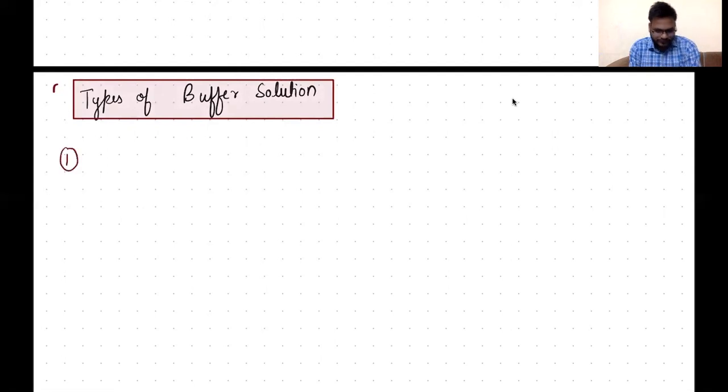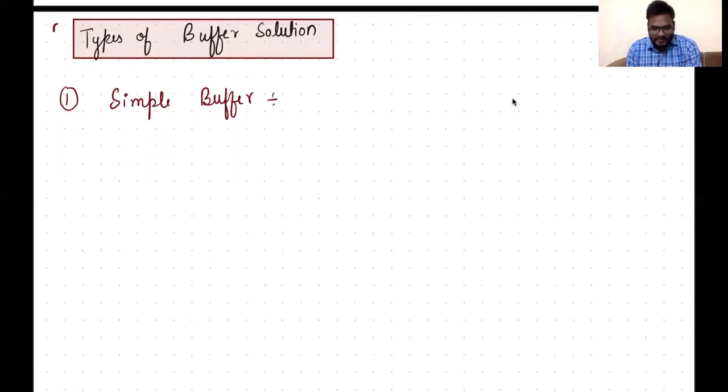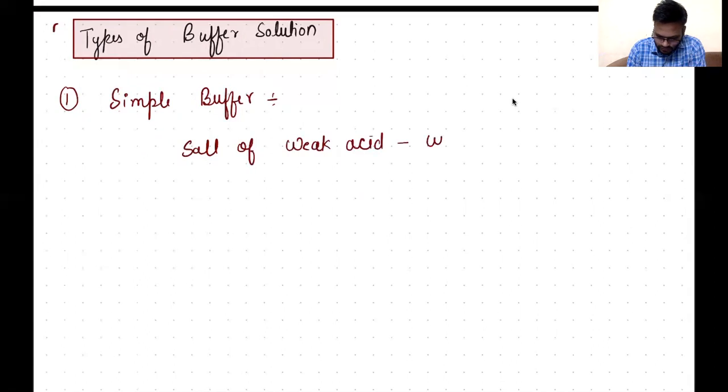First one is simple buffer. Simple buffer, for example, it is a salt of weak acid and weak base. Salt of any weak acid, weak base.